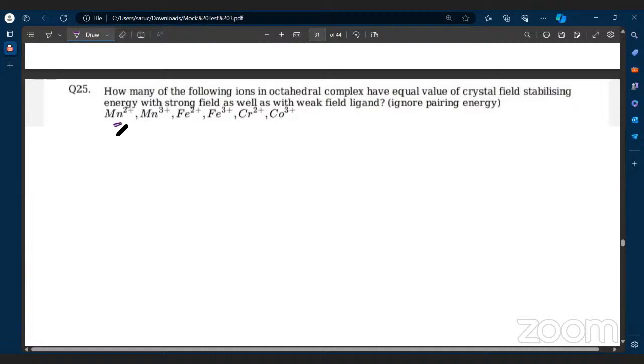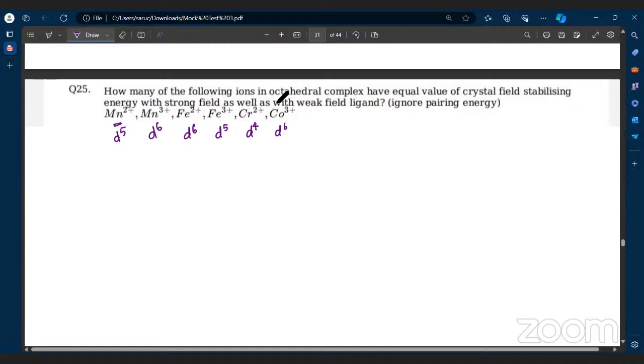Fe2 plus is d6, Fe3 plus is d5, chromium 2 plus is d4, and cobalt 3 plus is d6.